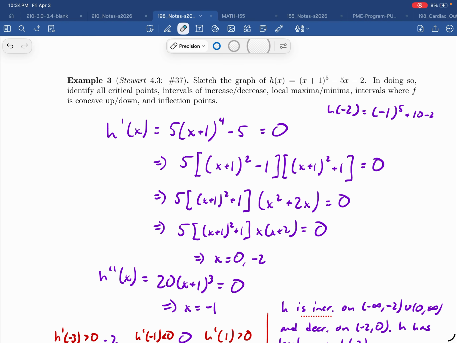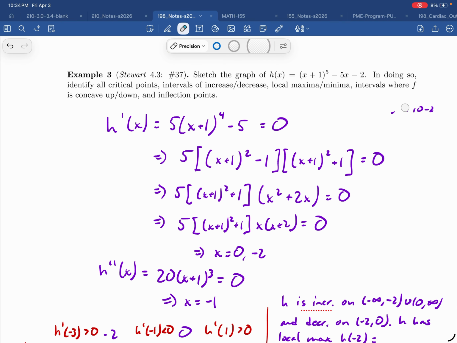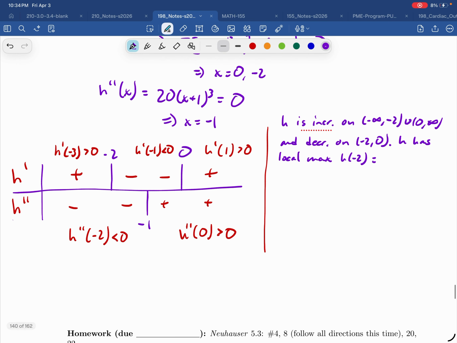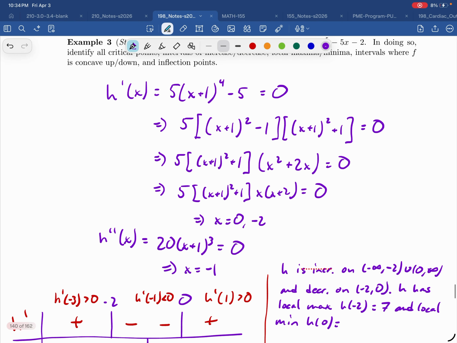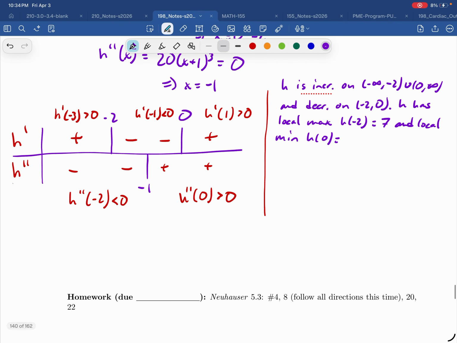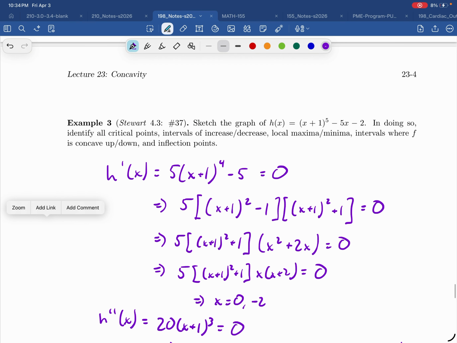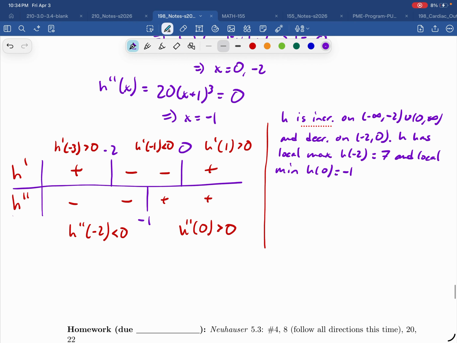I think we're getting 7. And local min, h of 0, and that's going to equal -2. Nope, not -2. 1 minus 2 should be -1.